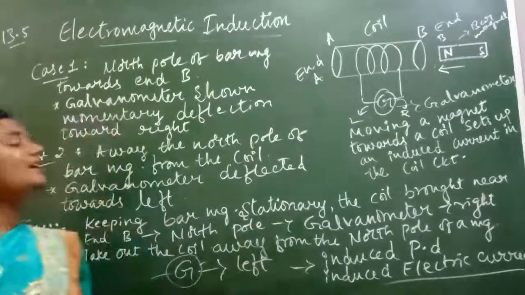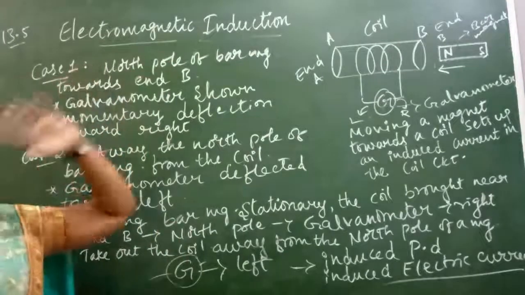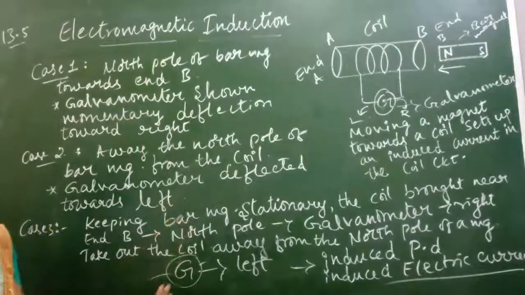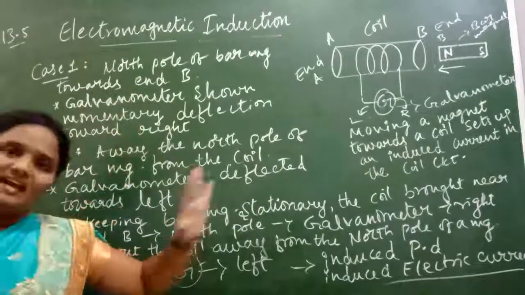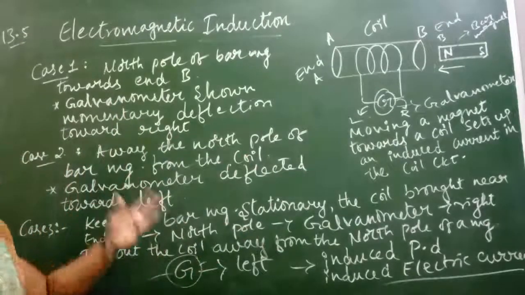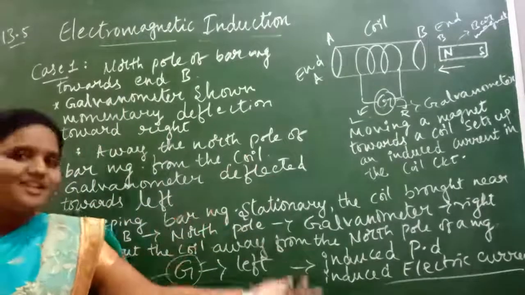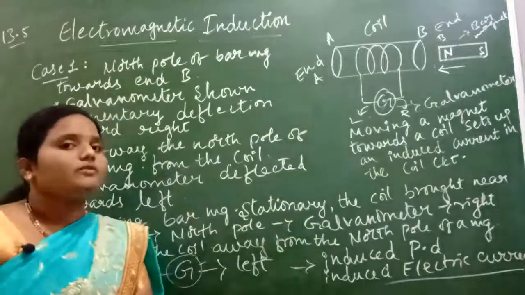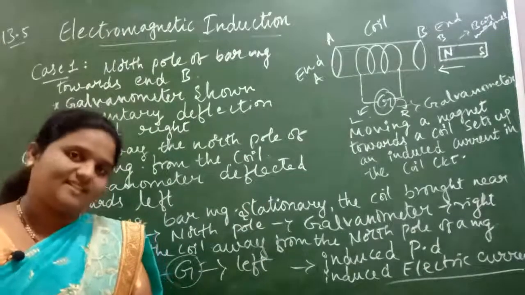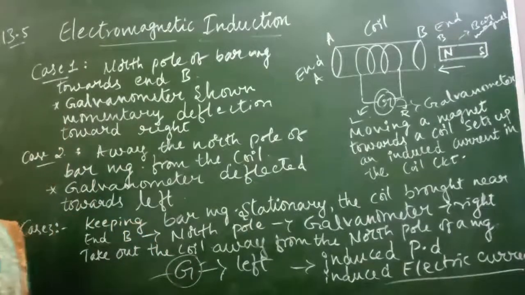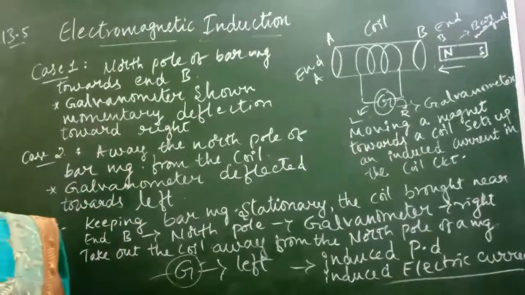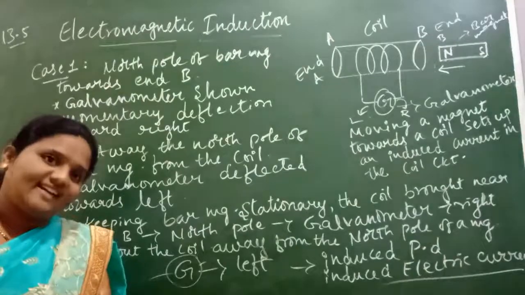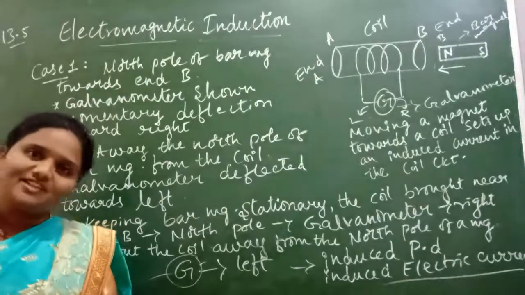He was the first scientist who experimentally proved electromagnetic induction, and it has led to the generation of electric generators. And further he also stated the laws of electrolysis. This is all about, children, a simple story and a demonstration of electromagnetic induction.